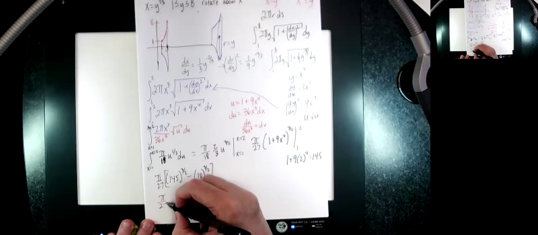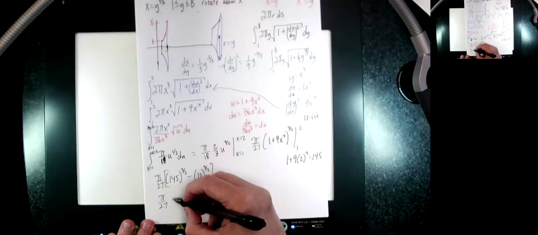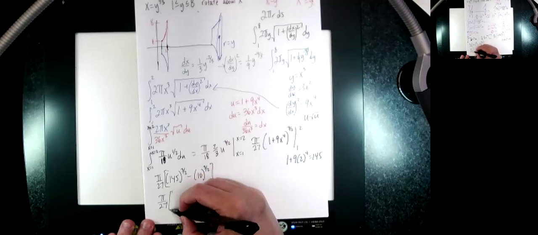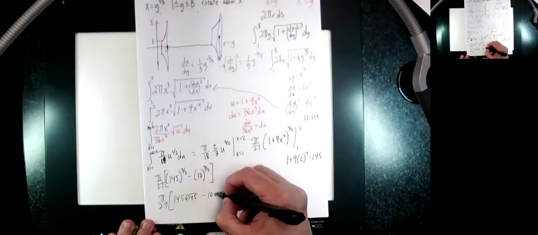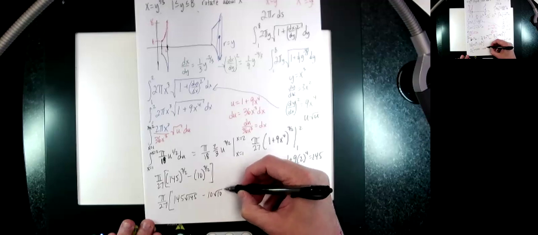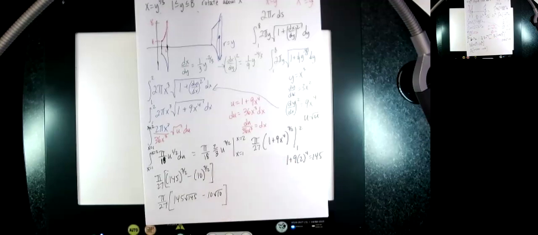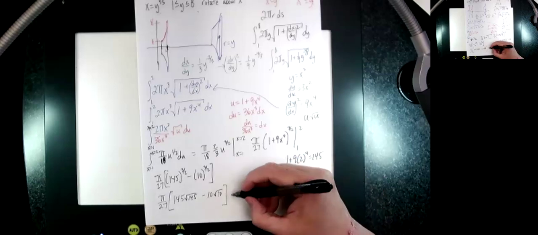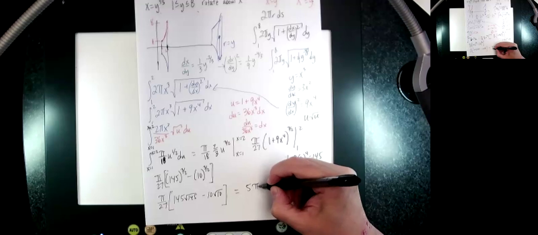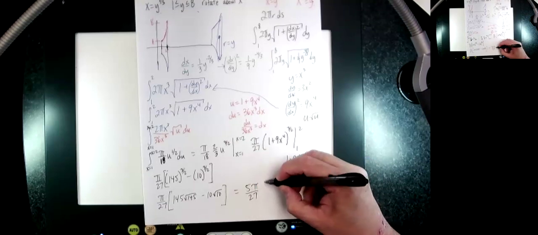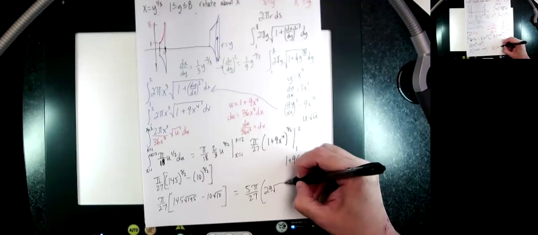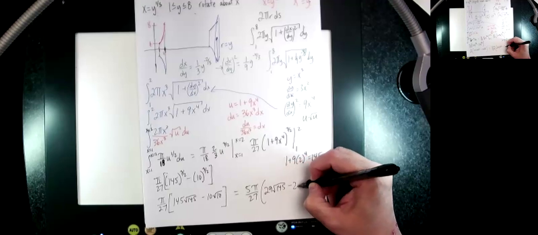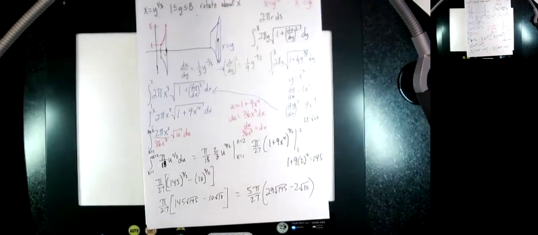So we have pi over 27 times 145 root 145 minus 10 root 10. I guess you could factor out a 5 if you wanted to. Pull out a 5. Let's see, 5 goes into that 29 times. But you don't need to.